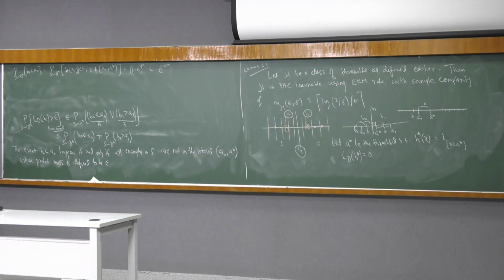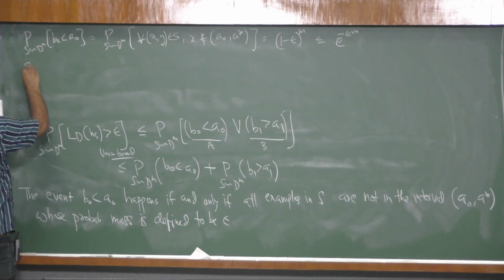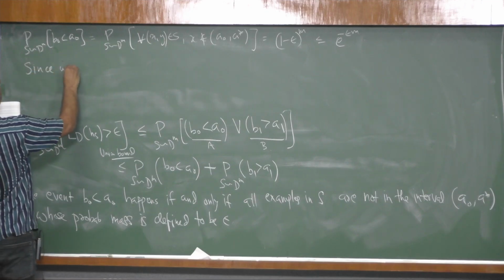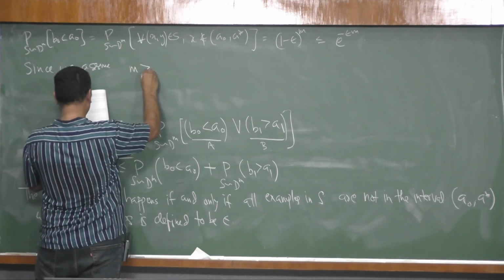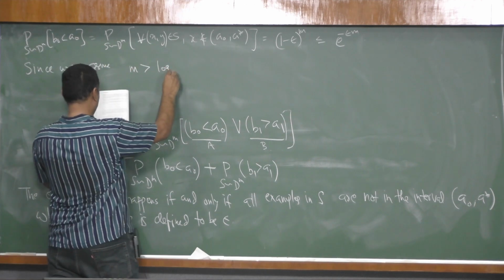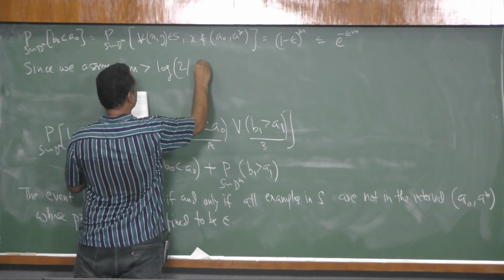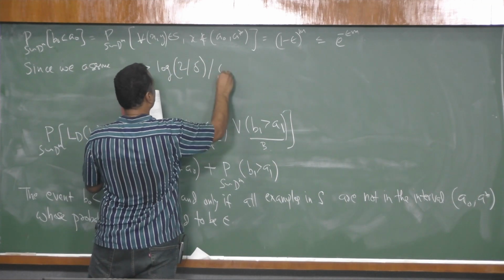There is a little bit of conflict here, but I'm trying to figure out why. Here it's written since we assume m greater than log 2 by delta by epsilon, but when did we assume this?